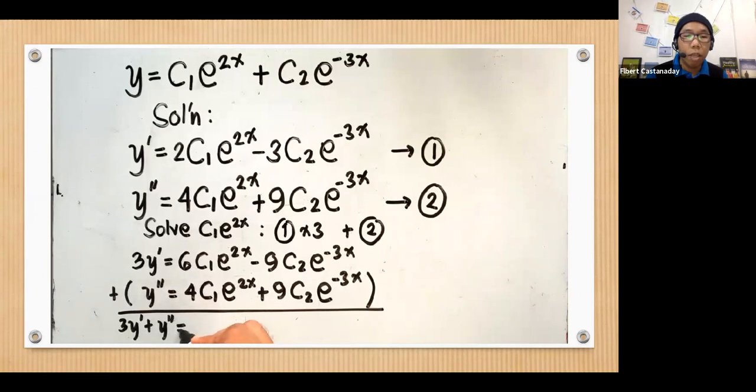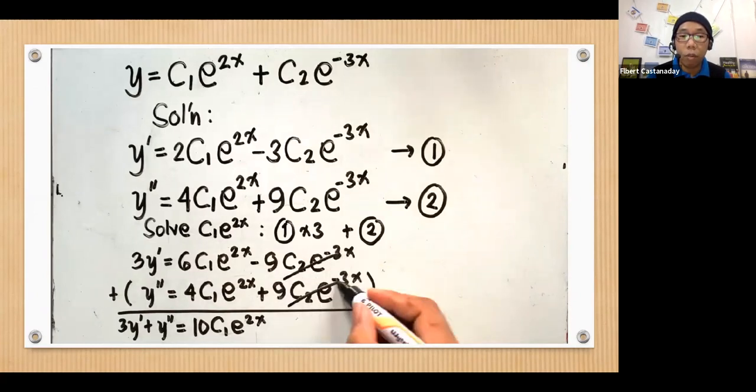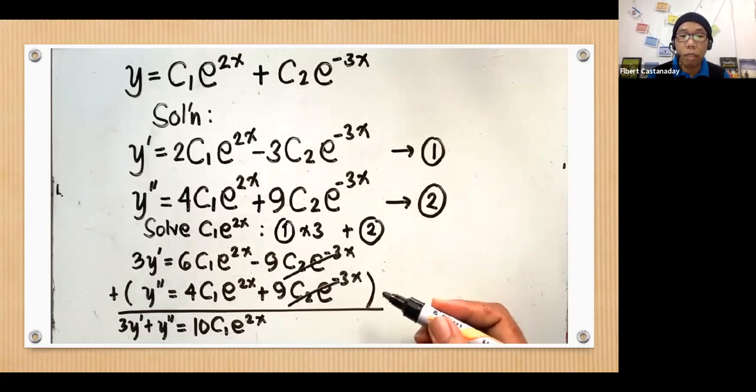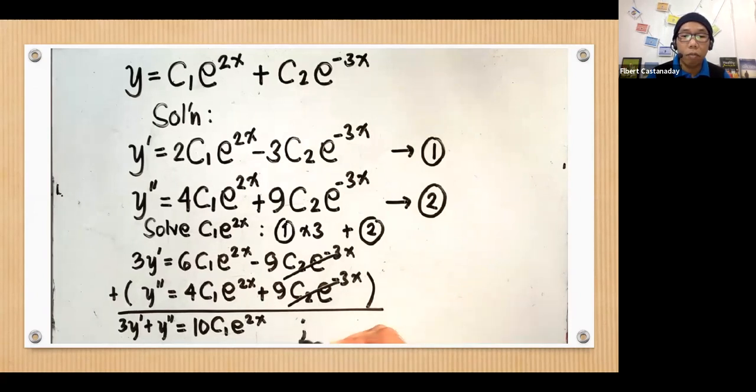I add them. In the first term, you have 6 and 4, so 6 plus 4 is 10 c sub 1 e raised to 2x. And for the second terms of each of the equations, you can cancel that since minus 9 plus 9 is 0. Therefore, if you are to solve for c sub 1 e raised to 2x, you divide both sides by 10 to remove the coefficient there.